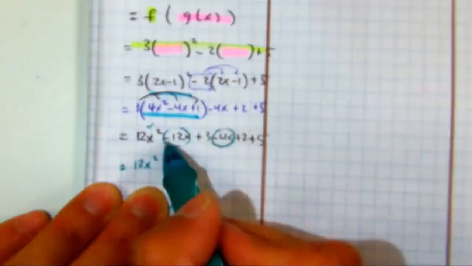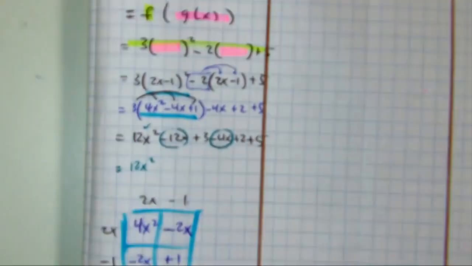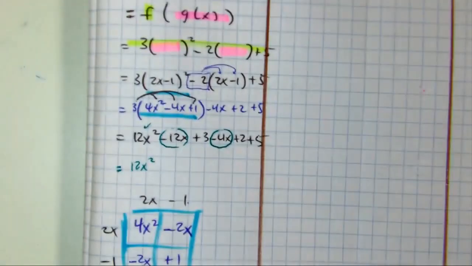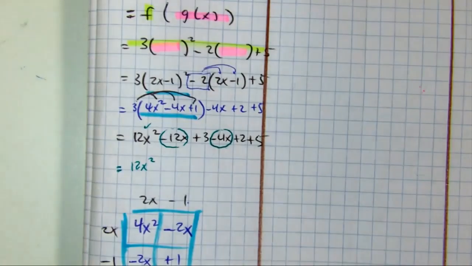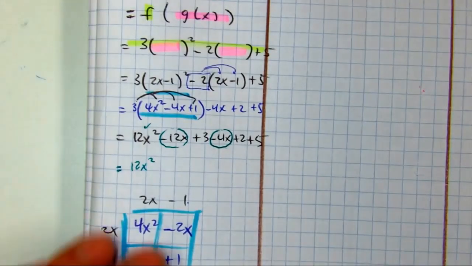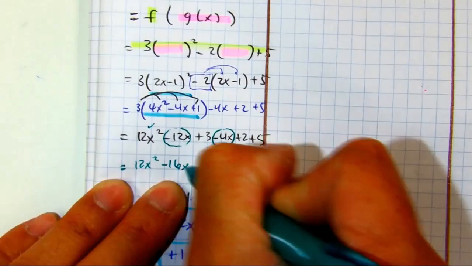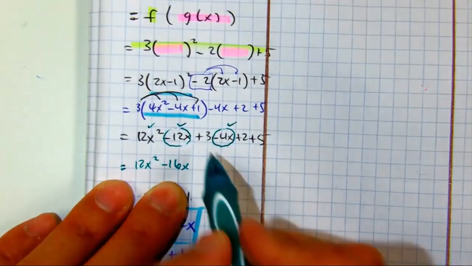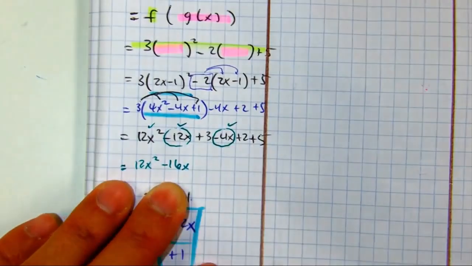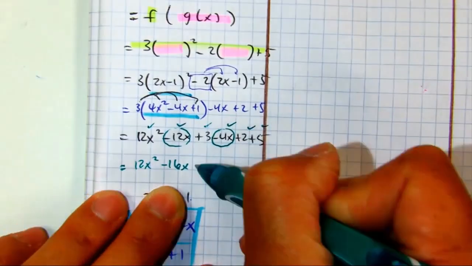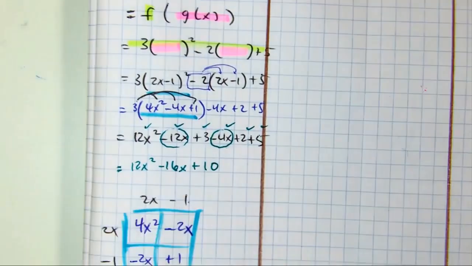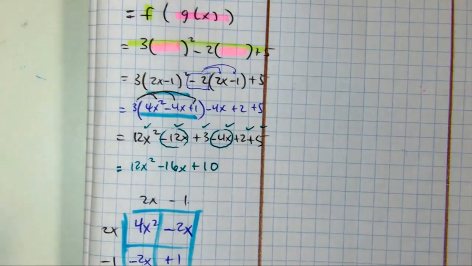Class, negative 12 minus 4. Is that what you wanted? Negative 12 minus 4. 3 plus 2 plus 5. And that's our answer.